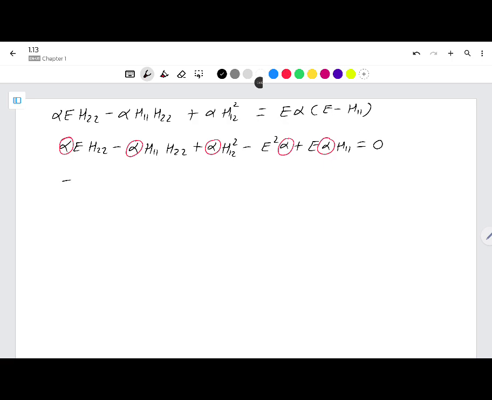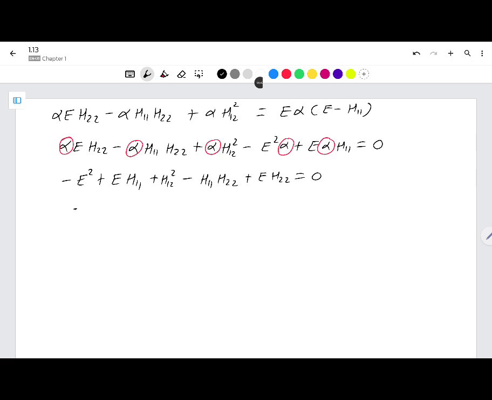So we have minus E square plus E H11 plus H12 square minus H11 H22 plus E H22 is equal to 0.